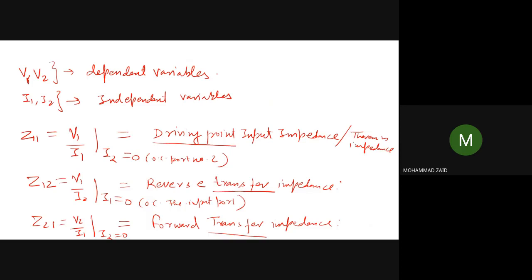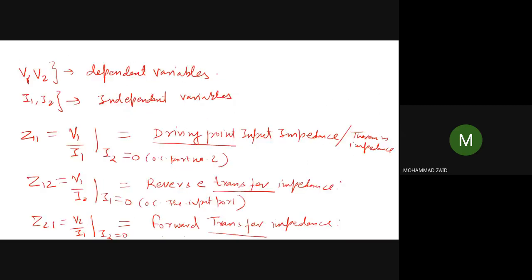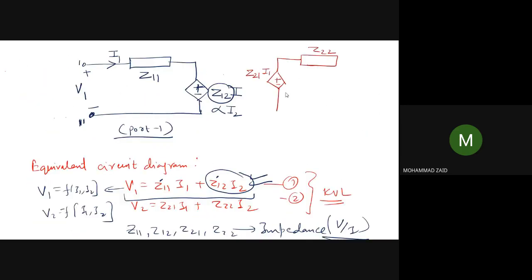We have earlier shown this in terms of Z, and now we are writing it in circuit form so that we can easily solve it. Now Z22, Z21 I1, and the voltage here will be V2, and this will be port 2.